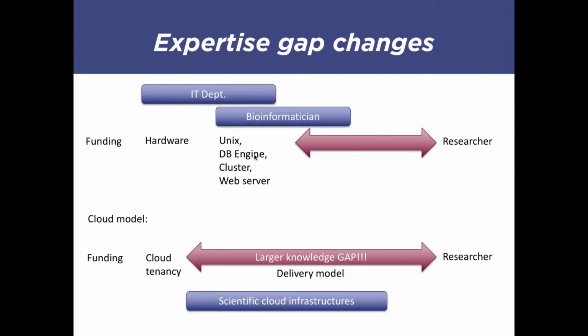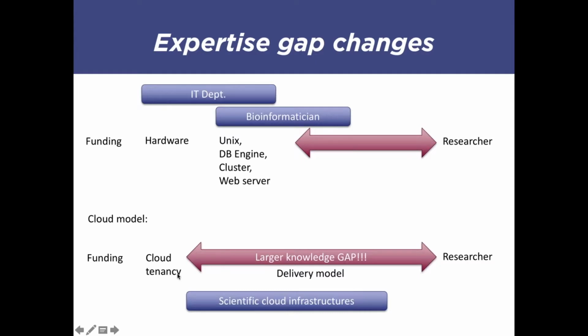In contrast, initially, the expertise gap in cloud computing is a lot larger, because differently to the previous model in which you had some hardware, in the cloud model, you start from your funding, but you essentially have a cloud tenancy with resources. So you have an amount of RAM that you can use, an amount of CPUs that you can use or buy, but you don't get any of these already set up for you.